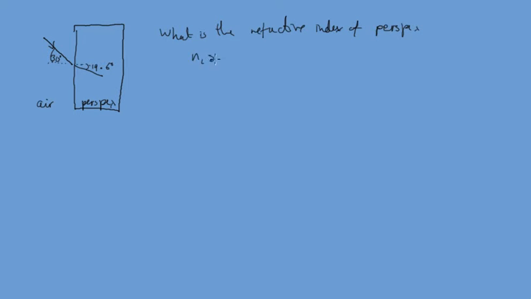So n1 sine θ1 equals n2 sine θ2. n1 is 1, times sine 30, because remember air's got a refractive index of 1, equals n2, which is what we want, times sine 19.6.